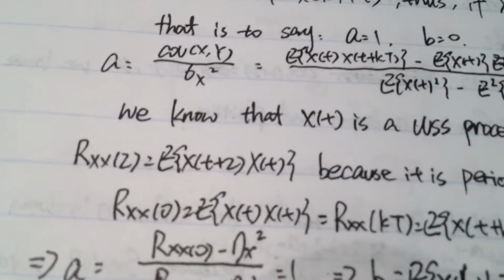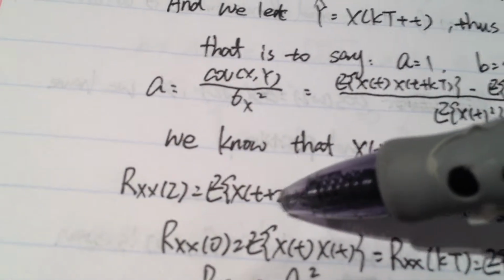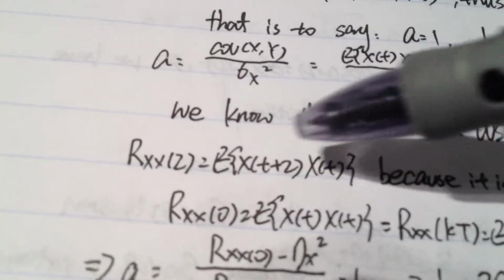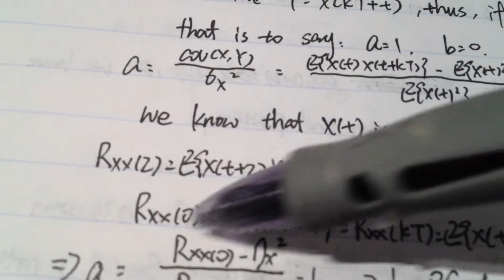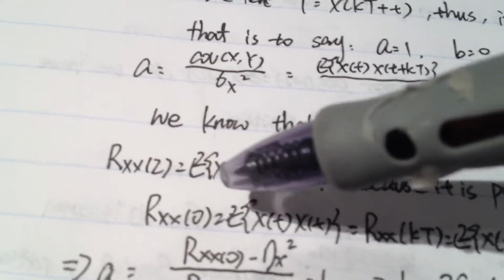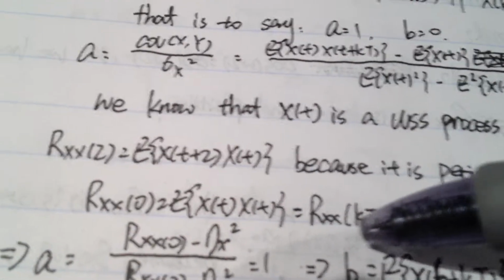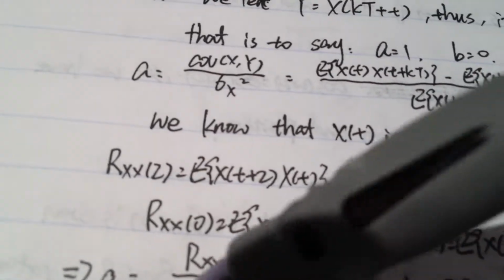when tau equals 0, the autocorrelation equals this part, and because it is periodic with the period T, so that these two parts should be the same.